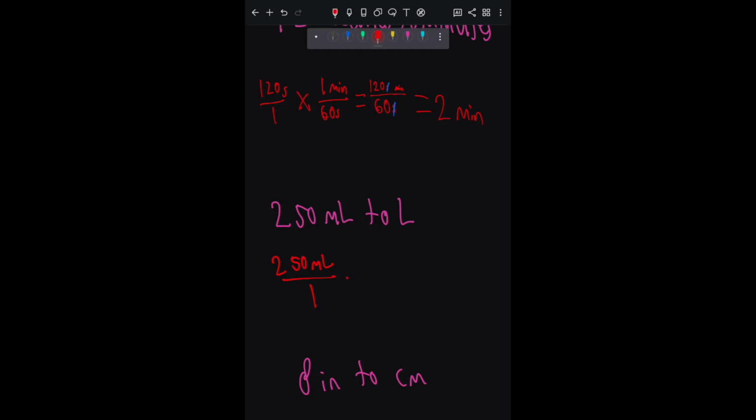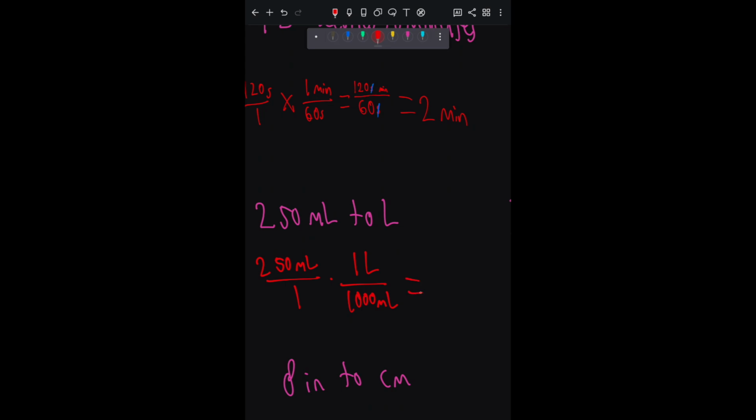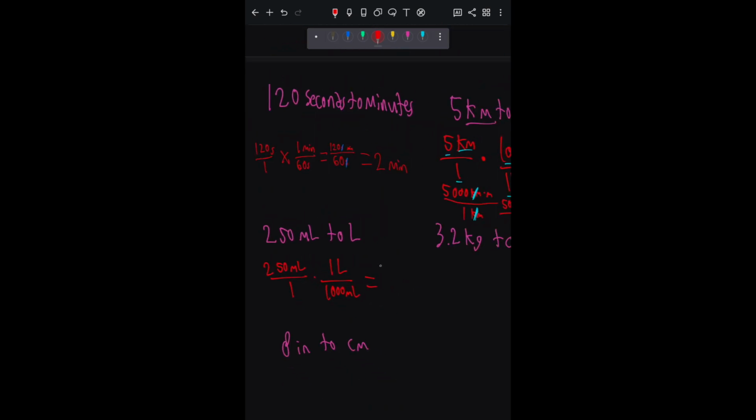All right, 250 milliliters over 1 times the conversion factor. It is 1,000 milliliters in a liter because that's what milli means. So it is 1 liter for every 1,000 milliliters. And we need the units on the opposite side of the fraction, right? That gives you 250 times liters times 1,000 milliliters.